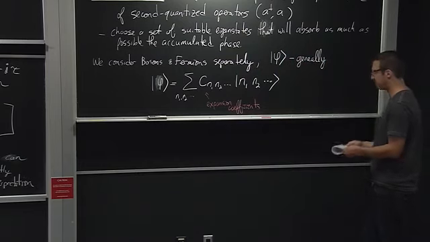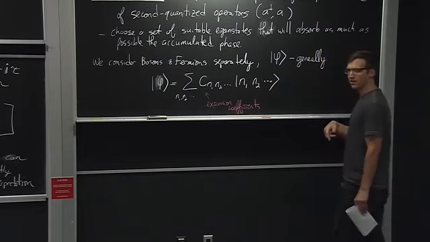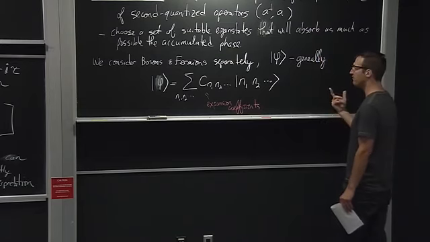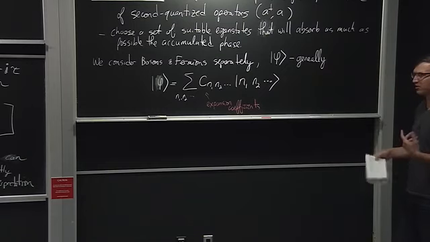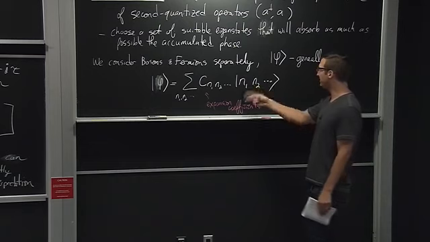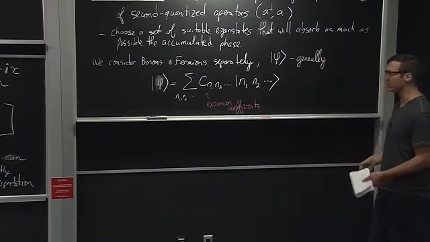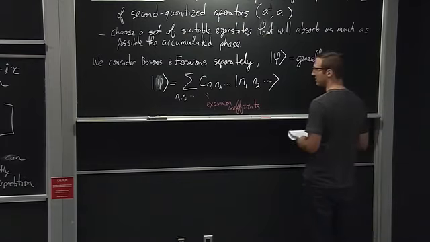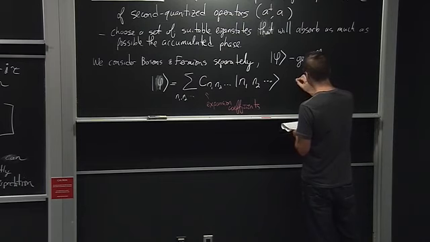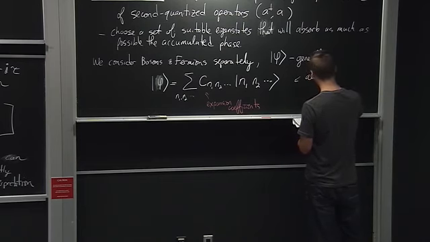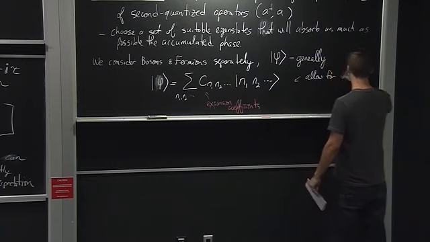Each one of these states is generated by the creation operator. This general state in Fock space can have different particle numbers, so this expansion in the occupation number basis has to allow for different numbers of particles. That just gives you a very general state in Fock space. So it's a superposition state.